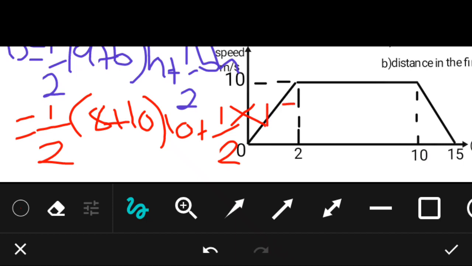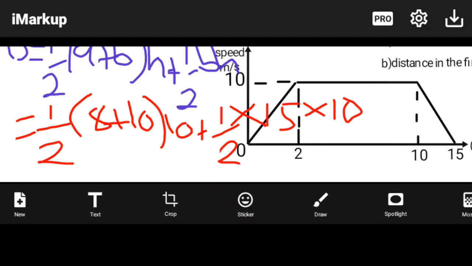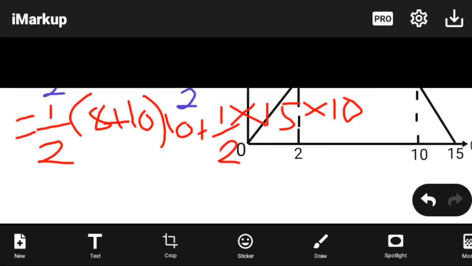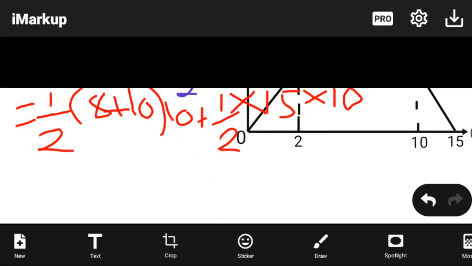Allow me not to go up to there because I don't have enough space. Times 15. Then times the height is from there up to there, which is again 10. So times 10. Okay. Then from there now, we can proceed.